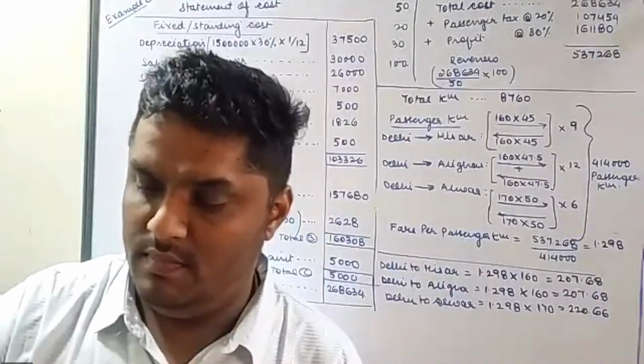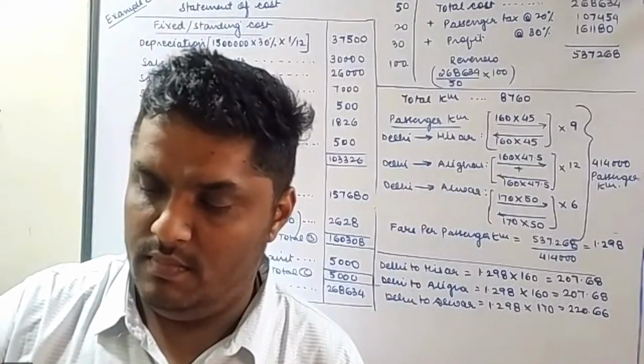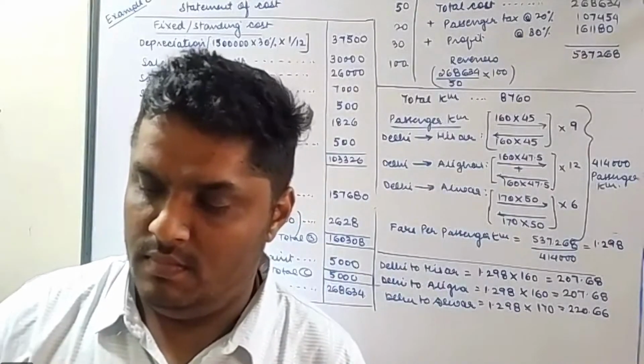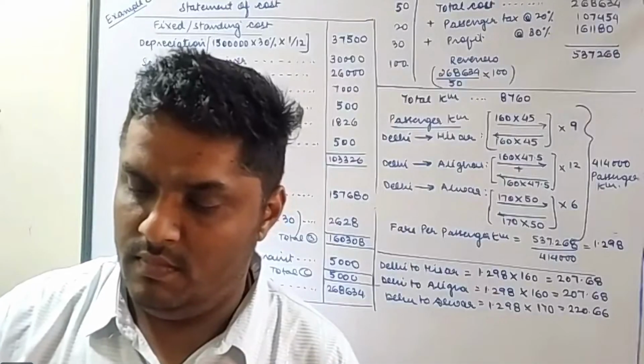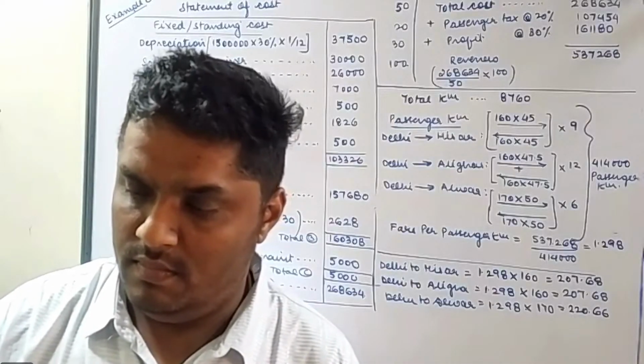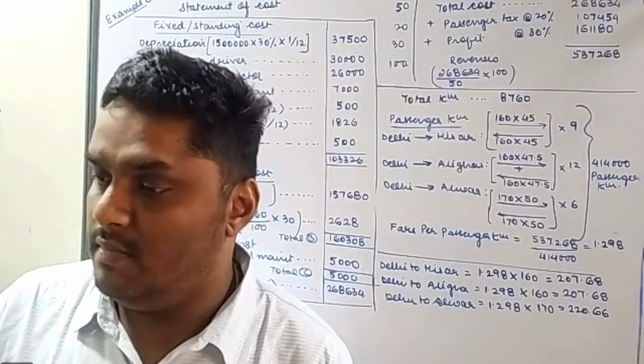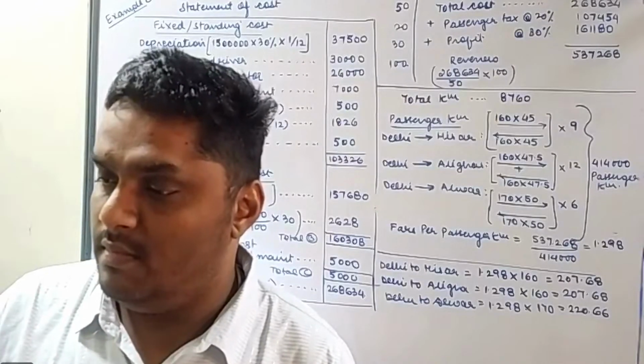So do not be pre-planned that since this information is given, this is going to be the treatment. Understand the questions very well and keep these three-four factors in mind while attempting the question.